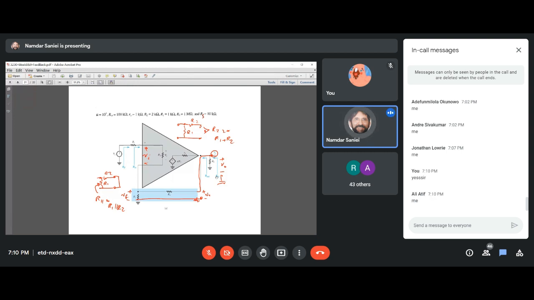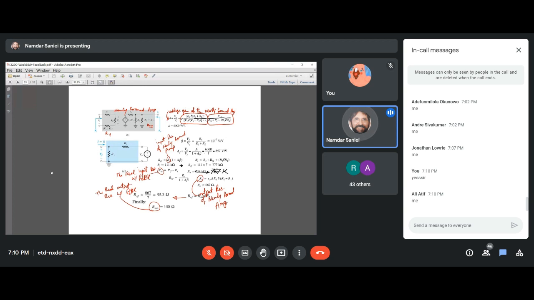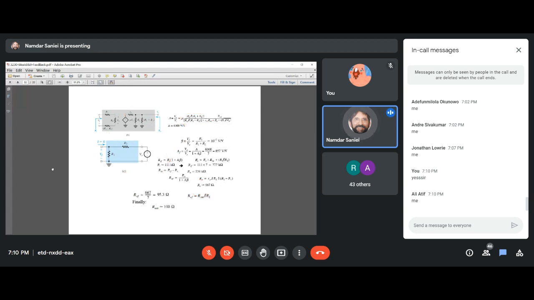Any other question? No other question. Next, we will talk about the other configuration, which is shunt series.